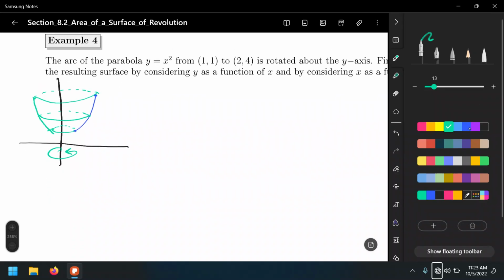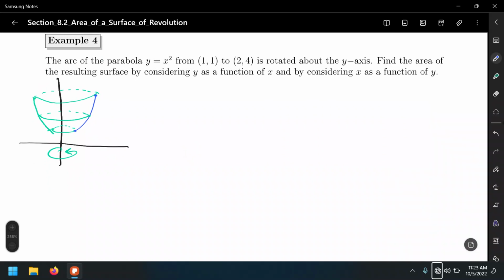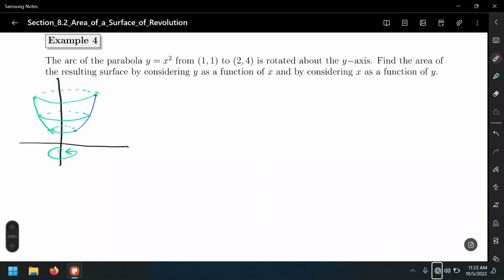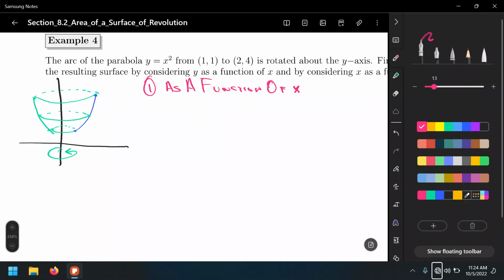What we're going to do is do the same problem twice. The first way, as a function of x, and then a second time as a function of y.